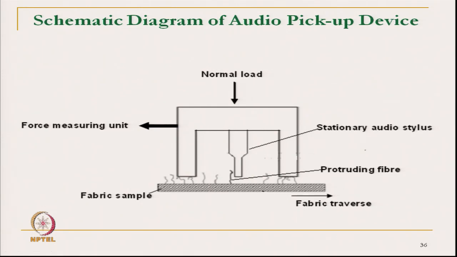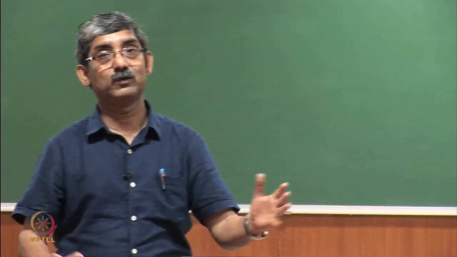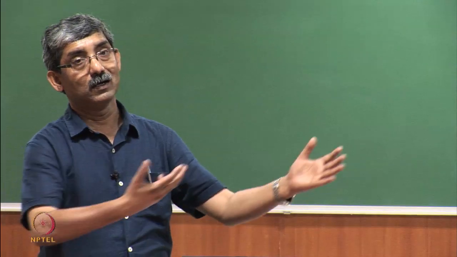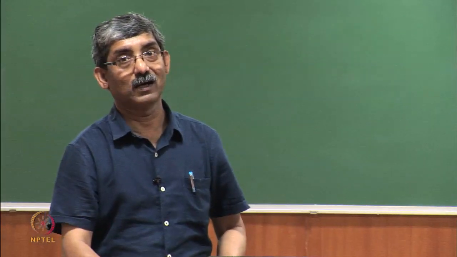And how does this force come into the picture? This force comes into the picture due to the projected hairs here. It is due to the bending force of these hairs that it gets a signal from the audio stylus, and ultimately we get the measurement of force here. Okay. So, this force measuring unit gives the bending force of these hairs.